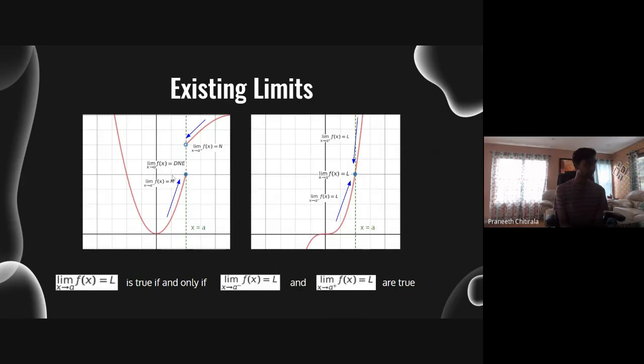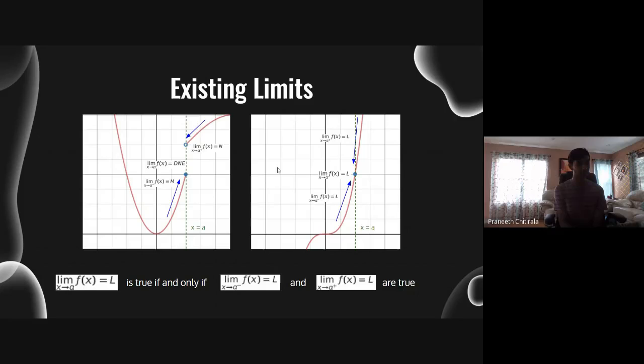This y value is m. And the limit of f of x as x approaches a from the right side is equal to n. So this y value is n. But since they don't equal each other, there's no one value that both sides go towards, so the limit does not exist.